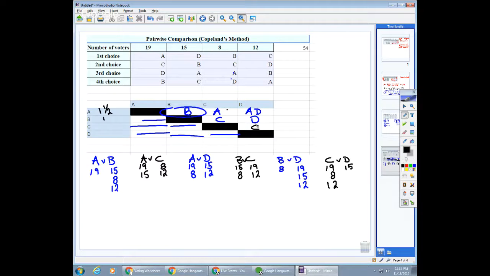B occurs only once here, so they got 1 point. C occurs twice by itself, and D got a 1.5. So according to Copeland's method here, C is Copeland's winner. Woohoo! I got it now. It just takes a little try to get used to them.